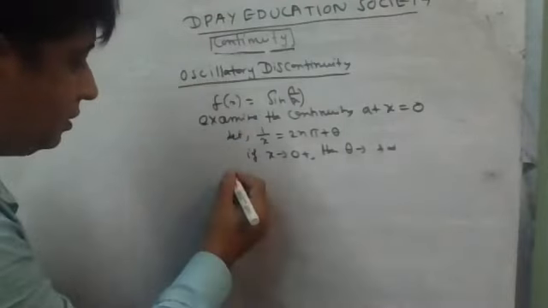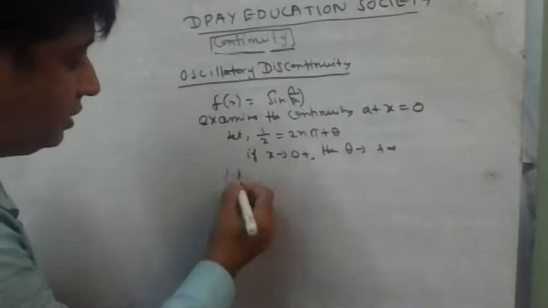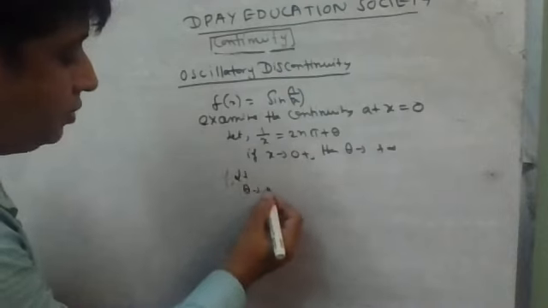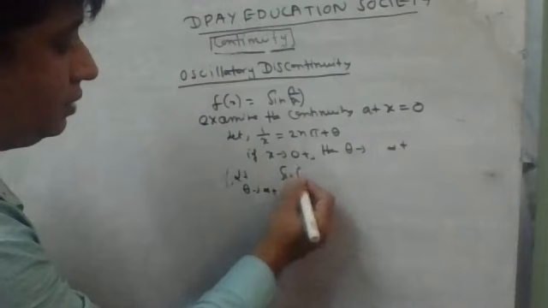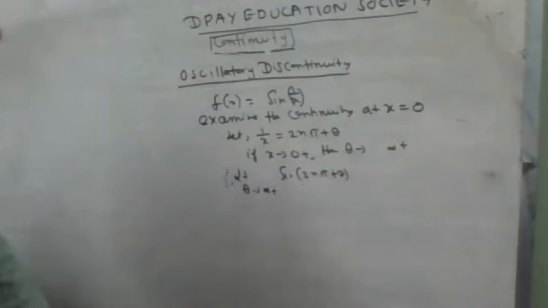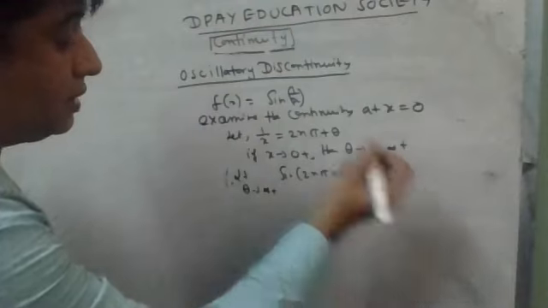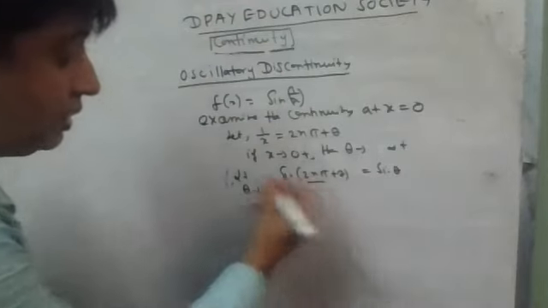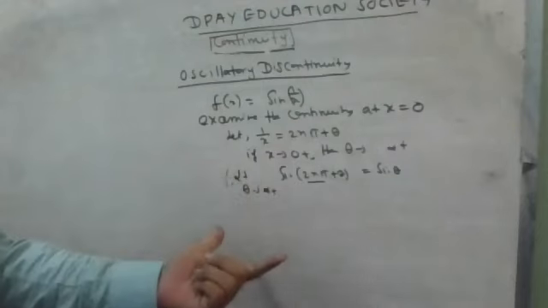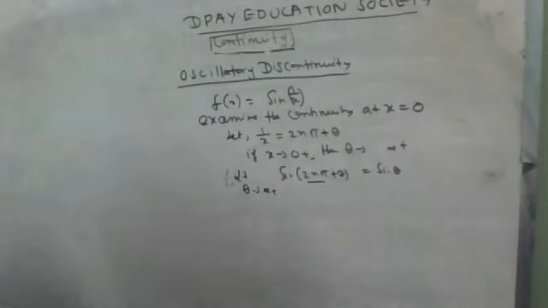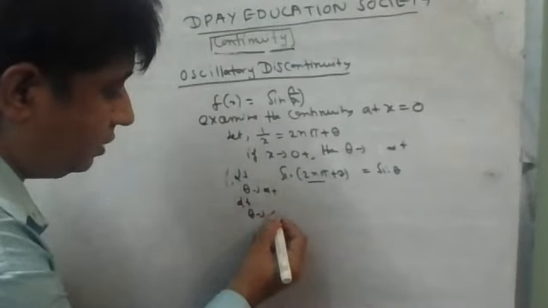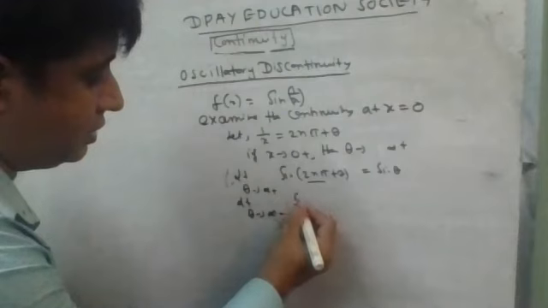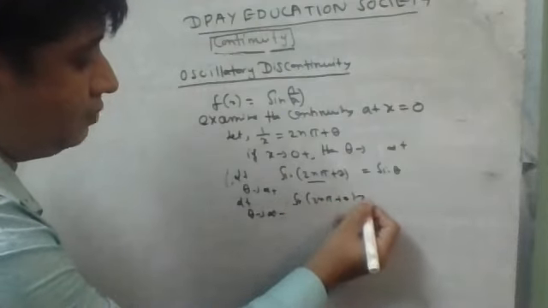Then limit theta tends to infinity of sine of (2n pi plus theta) means sine theta, because you know 2 pi, 4 pi, 6 pi, 8 pi is the period of sine. And in case of theta tends to infinity, sine of (2n pi plus theta) will remain sine theta.